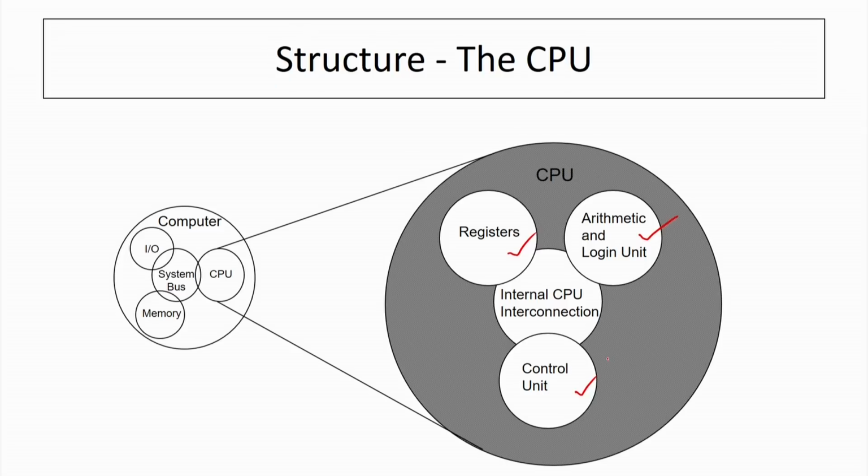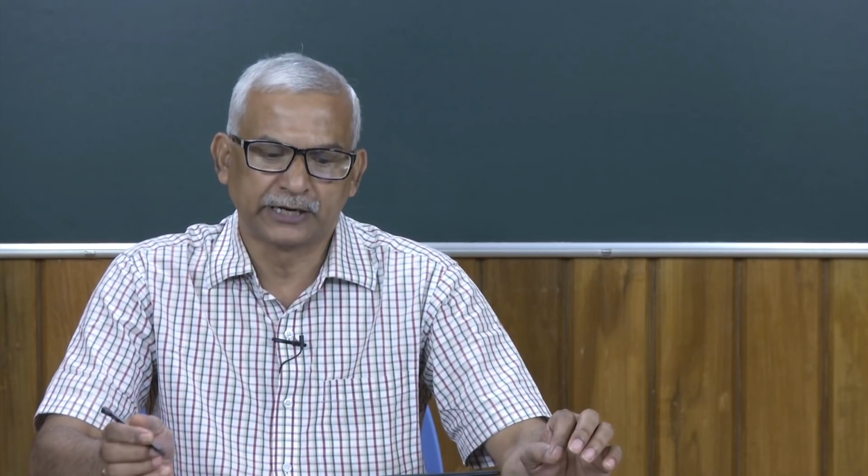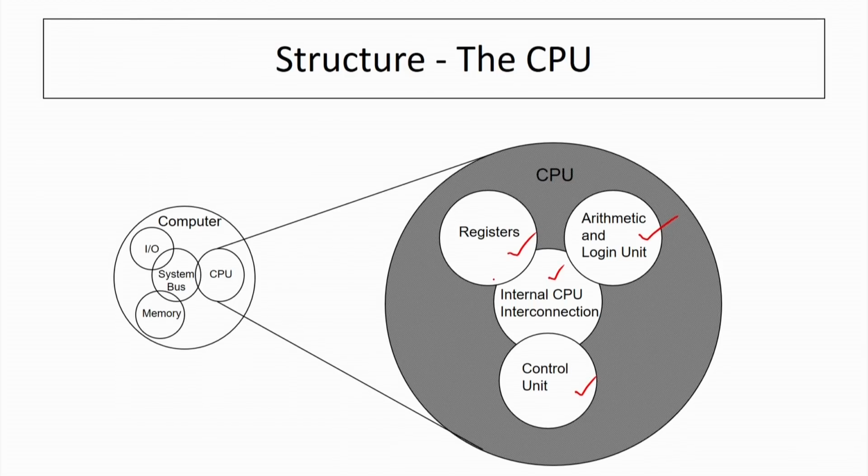The control unit has the responsibility to synchronize the operation inside the processor, and all those components are connected through the internal CPU interconnection, because many a time you have to transfer information from one component to another, like transferring information from registers to the ALU, or the result from the ALU to the registers. So, for that we need the internal CPU interconnection.